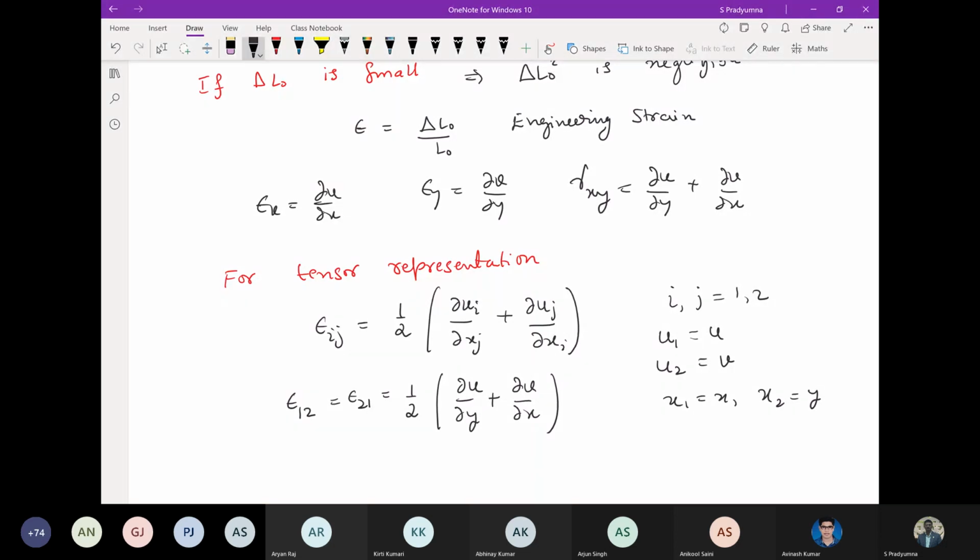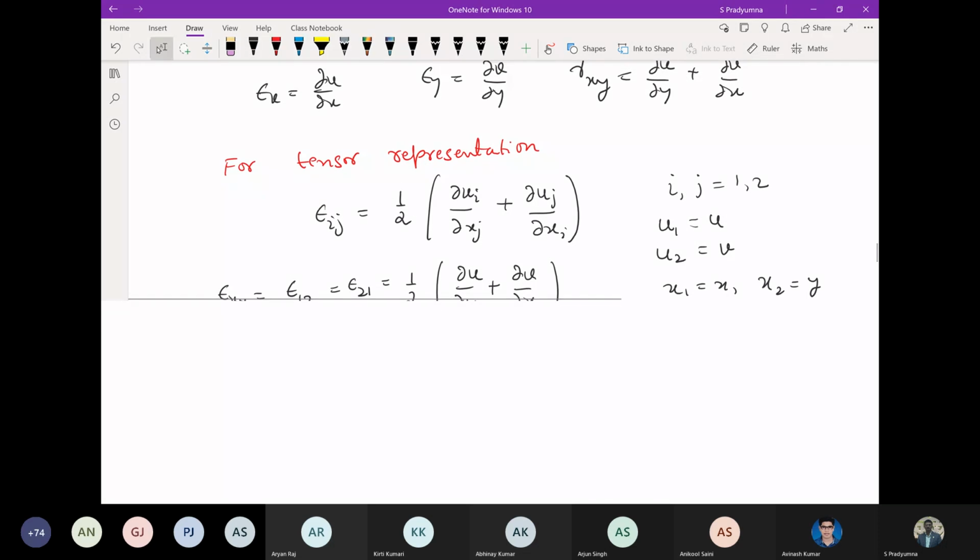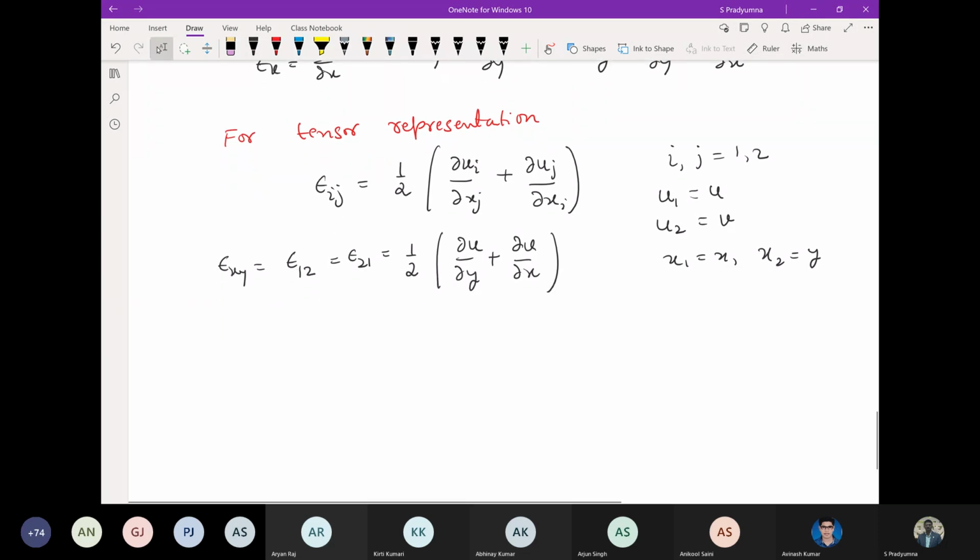This is my epsilon 1 2 or epsilon 2 1. I can call it epsilon xy, where 1 is x and 2 is y. How is it different from gamma xy? Epsilon xy is equal to gamma xy divided by 2. So this is the tensorial representation.